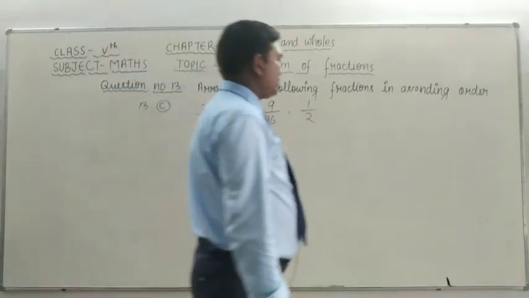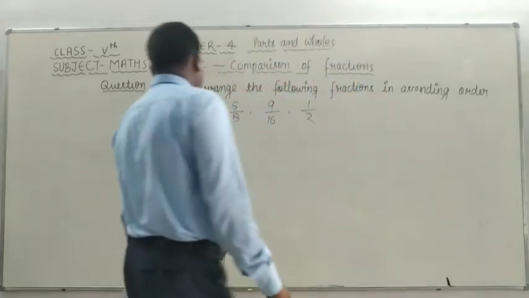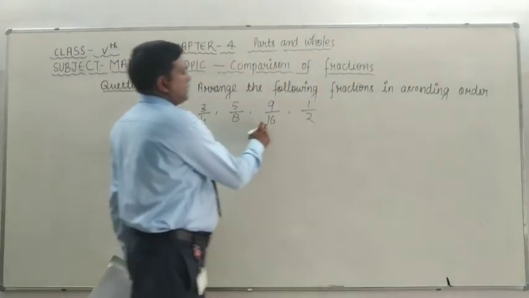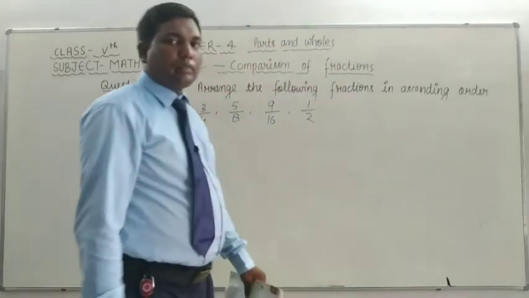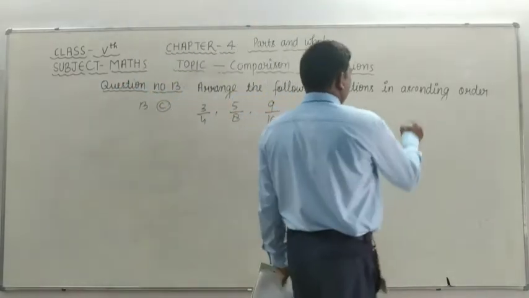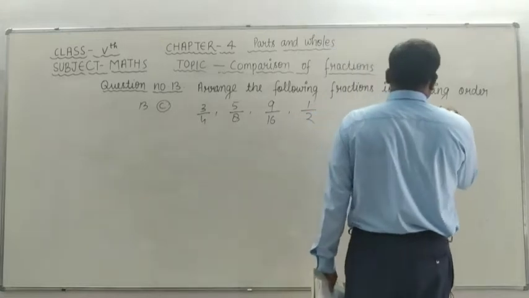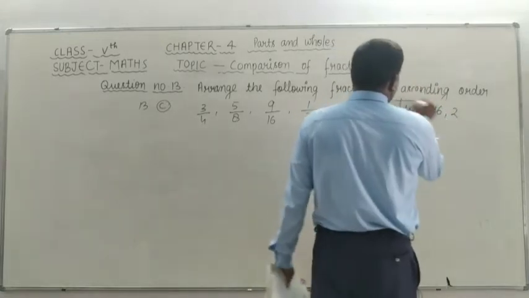Okay, this is a simple question. Look here carefully. Here the denominators are 4, 8, 16, 2, and the denominators are not the same, therefore we have to take the LCM of 4, 8, 16 and 2.